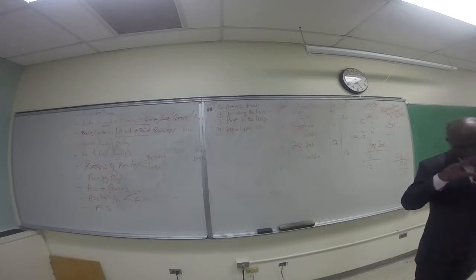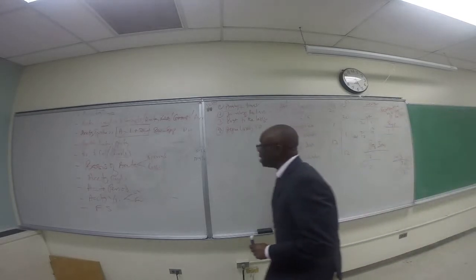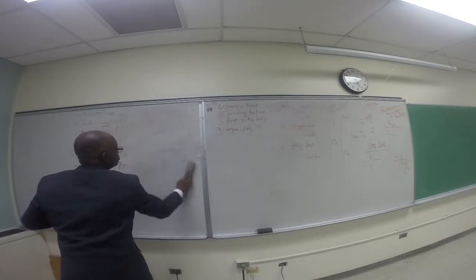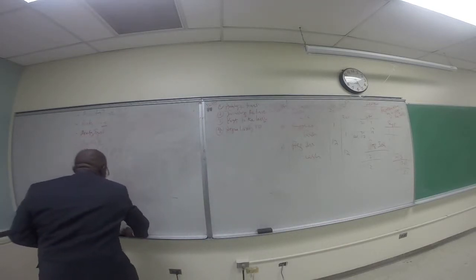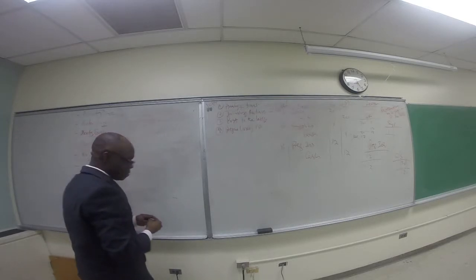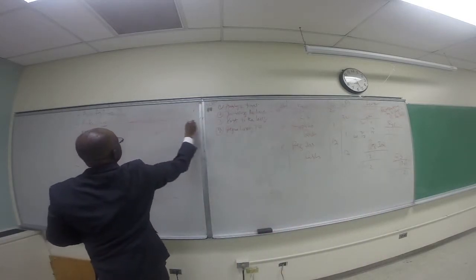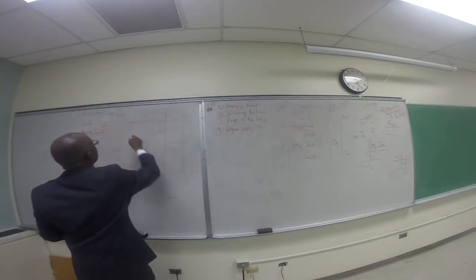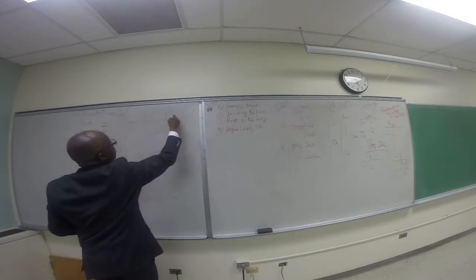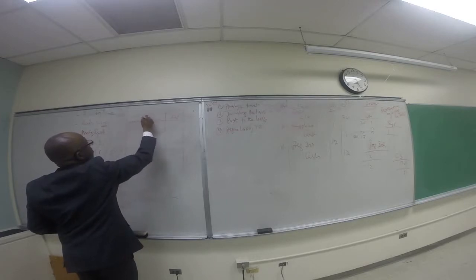Okay, so we know what the trial balance is. So let's do a trial balance real quick. So the trial balance will look like this. Debit, credit, account.